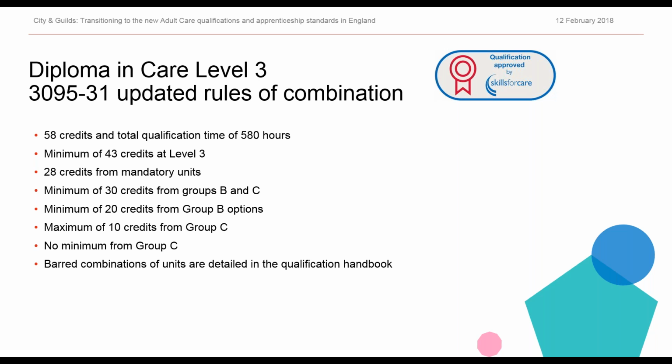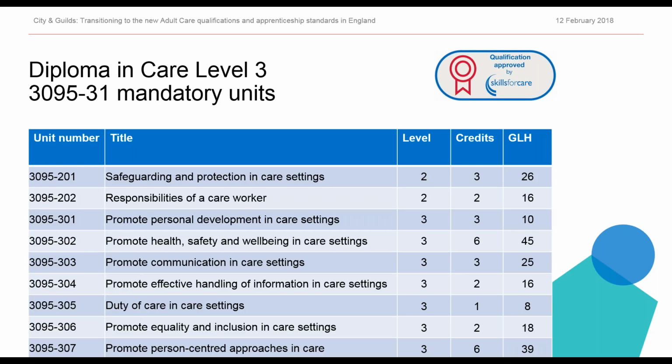The optional units can all be competence if that's what the apprentice needs and what the employer is looking for. Again, there's a list of barred combinations of units in the handbook. Again, we see here that the themes of the mandatory units are very familiar to you, so I'll just move over those quickly.